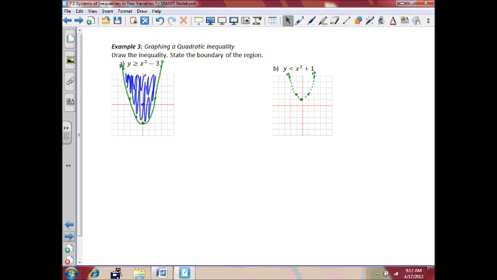Again, let's check the origin here. Nice, easy one to put in. So 0 for y, 0 for x. That means 0 is less than 1. That means you're going to shade out here, outside your parabola. In the next video, we're going to talk about systems of inequalities.